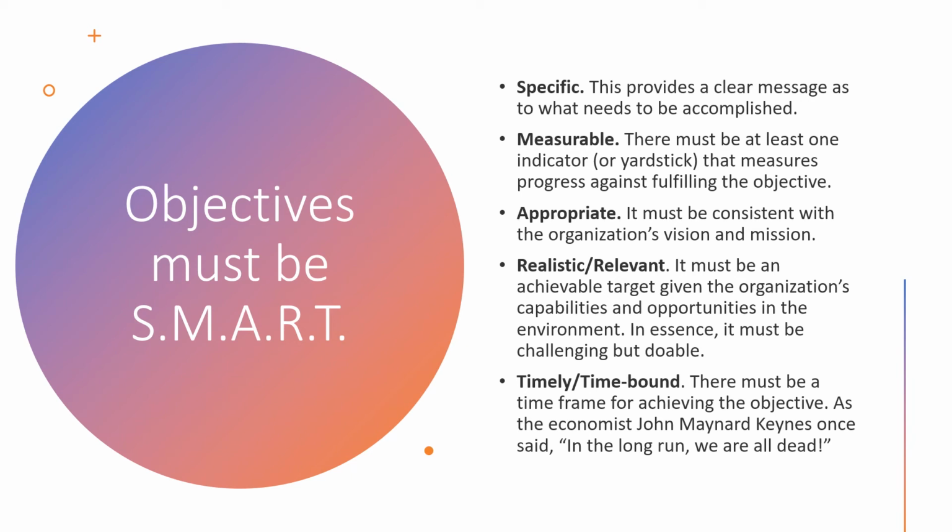Because if you have low assets, then you will encounter a problem in achieving that objective. In short, for your objective to be realistic or relevant, it has to be doable within the given time frame. And it would depend on your company's current standing. It would depend on many factors.